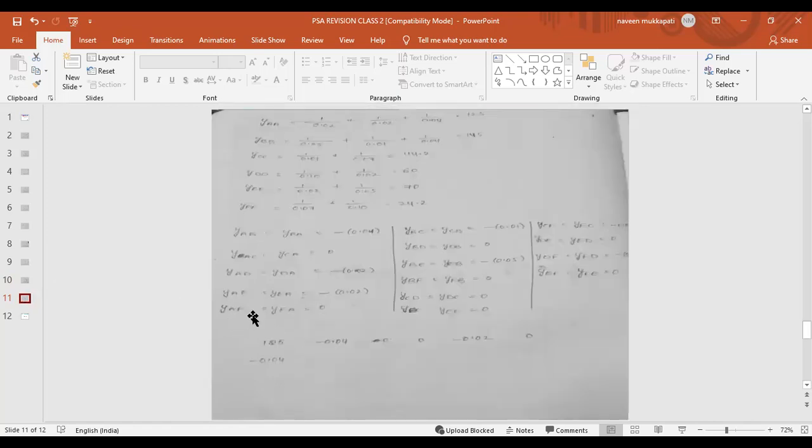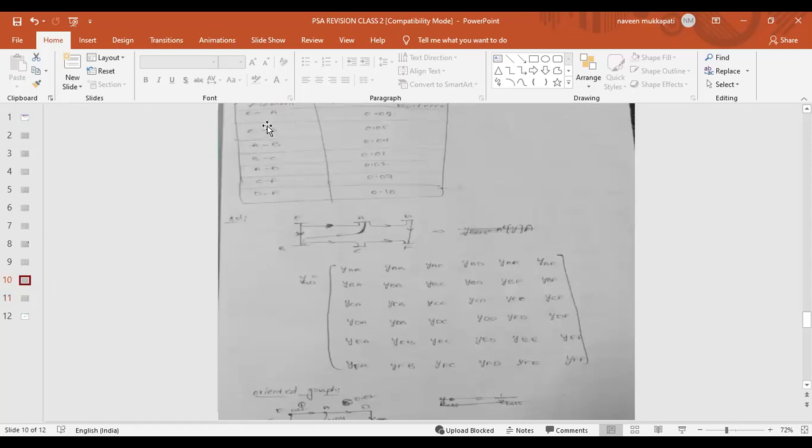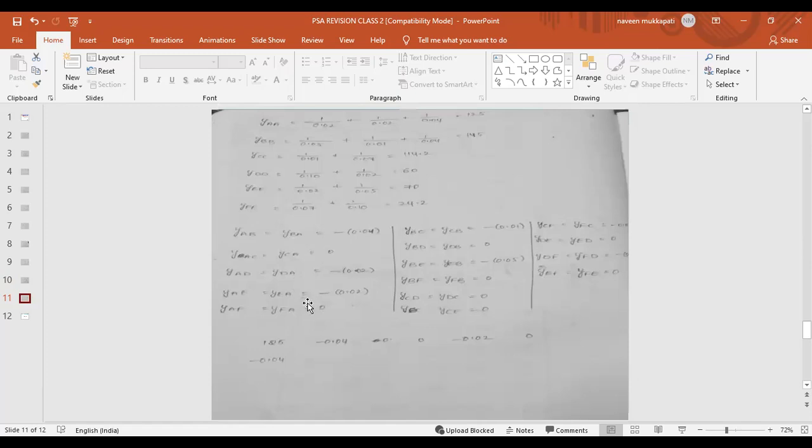Next YAF. Do we have any connection between A and F? No, there is no connection between A and F. That's why we take it as 0. YAF is equal to YFA is equal to 0.